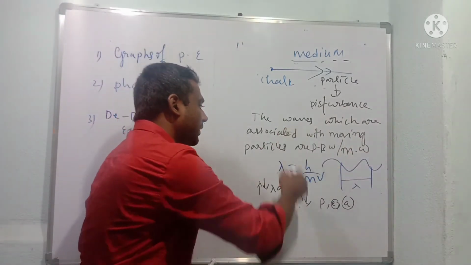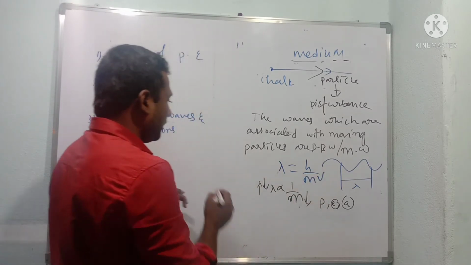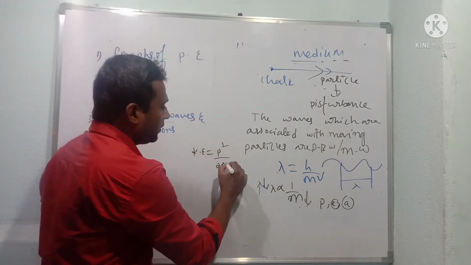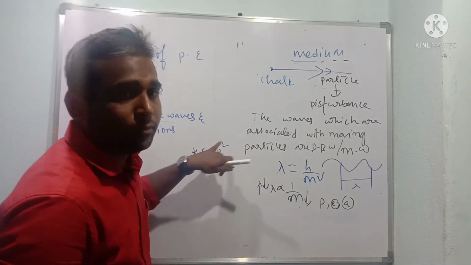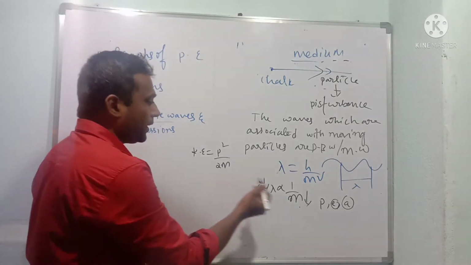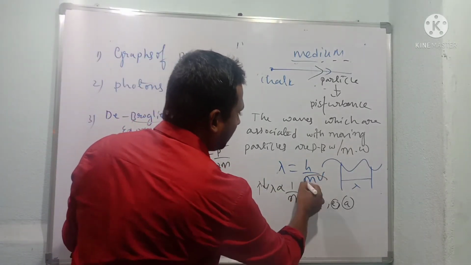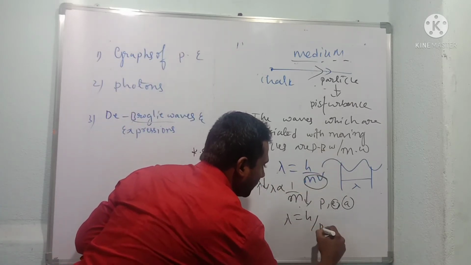After that we will get different expressions. You know that KE is equal to p²/2m. You learnt in PUC 1 the relationship between kinetic energy, momentum and mass. I want to get momentum, so we can write lambda is equal to h by p.